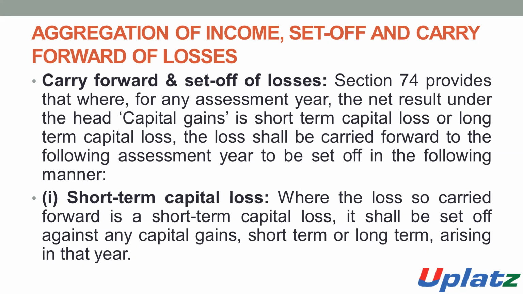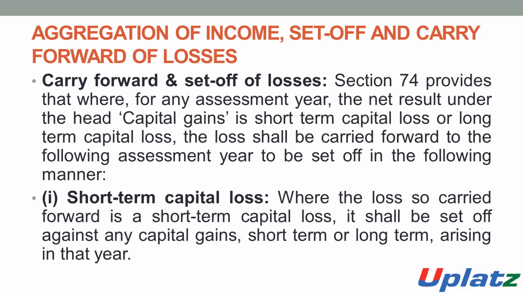Section 74 provides that where for any assessment year, the net result under the head of capital gain is short-term capital loss or long-term capital loss, then the loss can be carried forward to the following assessment year to be set off in the following manner. Number one, short-term capital loss.